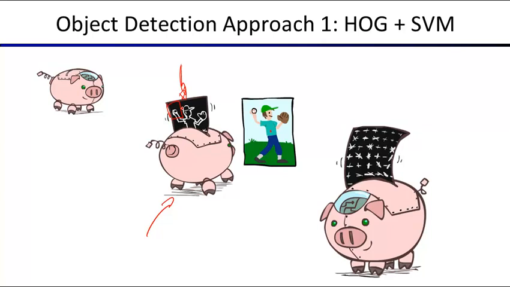Let's say a window like that. In that window, you look at smaller regions. And in these smaller regions, you look at the edge pattern, and you build a histogram of the edge pattern in these smaller images. So what you see here is histograms of how edges are directed in smaller images inside that region.